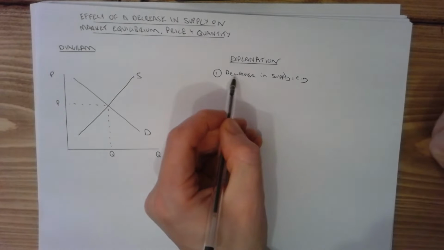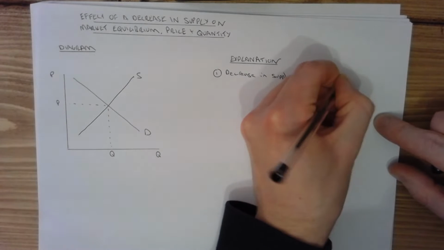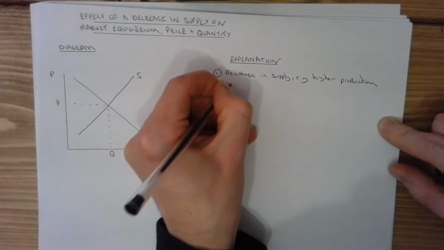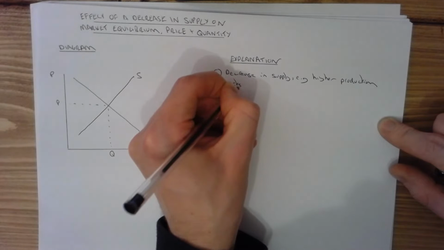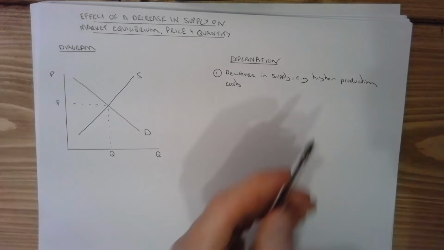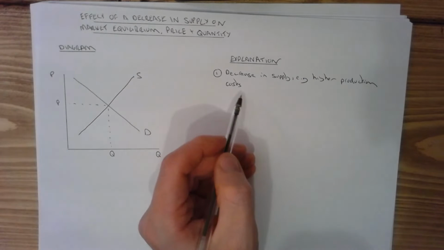If we have a decrease in supply, that will be the result of higher costs of production. So this could be higher wages that firms have to pay for employees, it could be higher raw material prices, anything that makes it more expensive for the firm to produce what they're making.